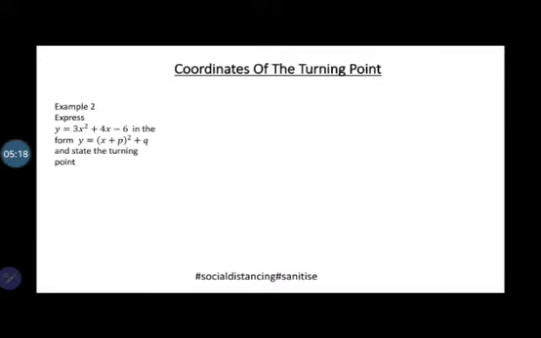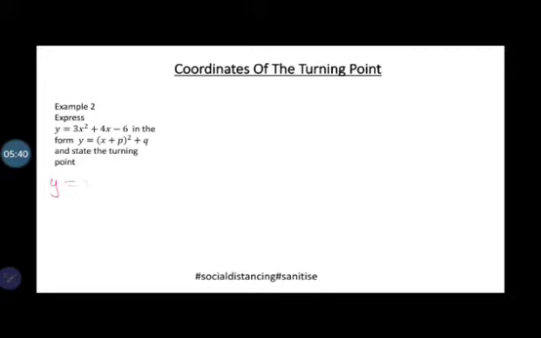For our second example, express y is equal to 3x squared plus 4x minus 6 in this form, and then state the turning point. Notice that the coefficient of x squared is 3. Remember that our task is all the time to work with this function with the coefficient of x squared being 1. So let's factor out the 3.